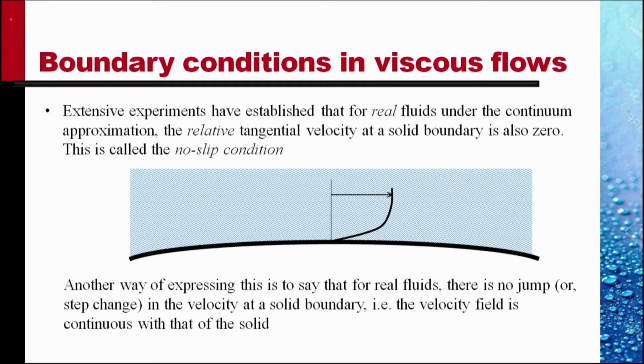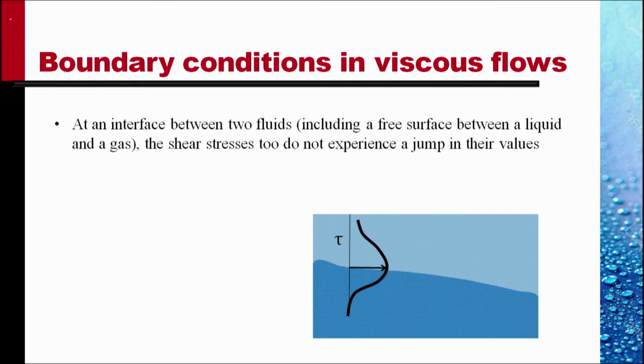Another way of expressing the no-slip condition is to say that for real fluids, there is no jump or step change in the velocity at a solid boundary. That is, the velocity field is continuous with that of the solid. At the interface between two fluids, including a free surface between a liquid and a gas, the shear stresses too do not experience a jump in their value.